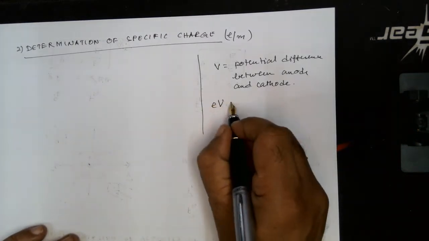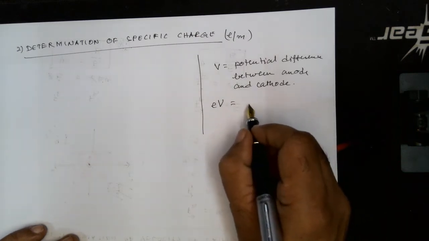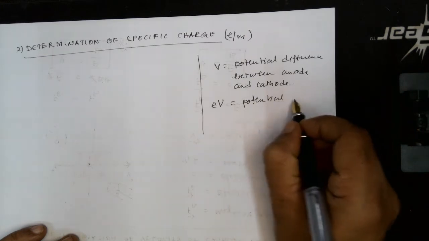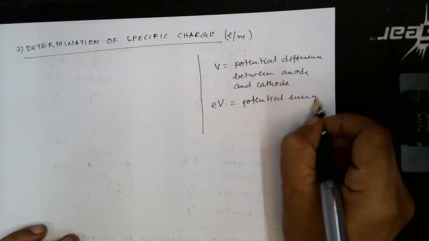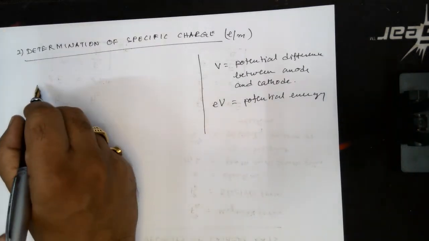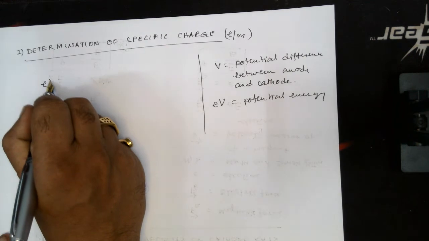So, potential energy is given as electron volt. And this potential energy is equal to kinetic energy.